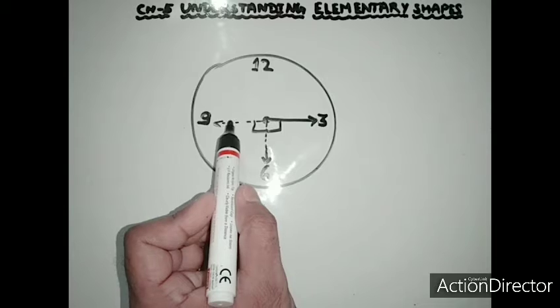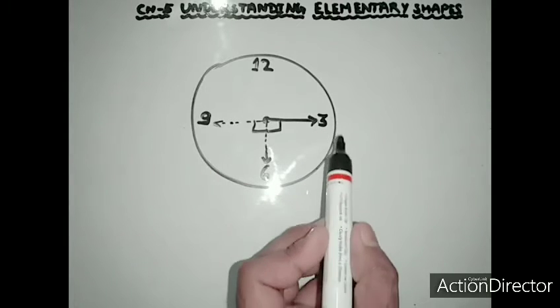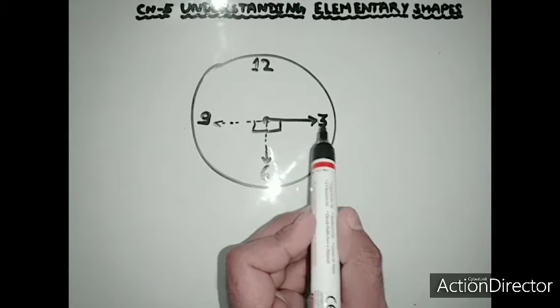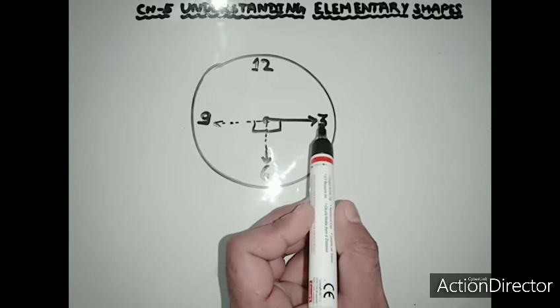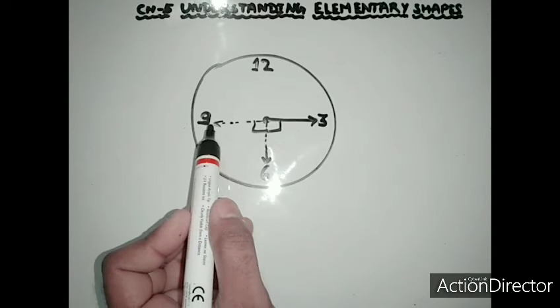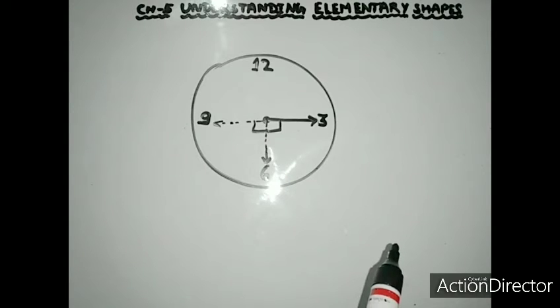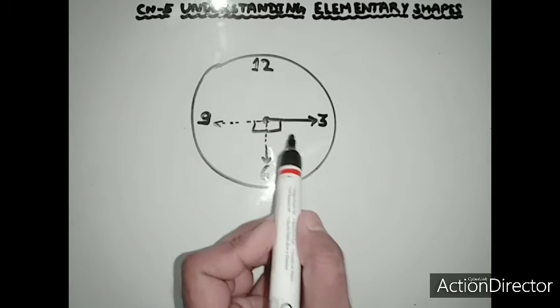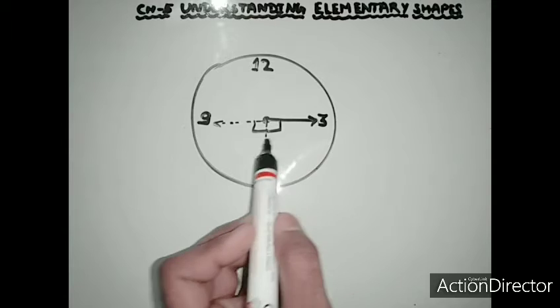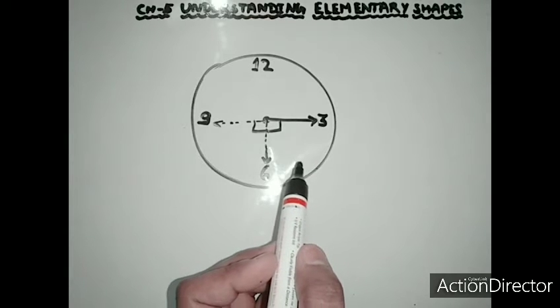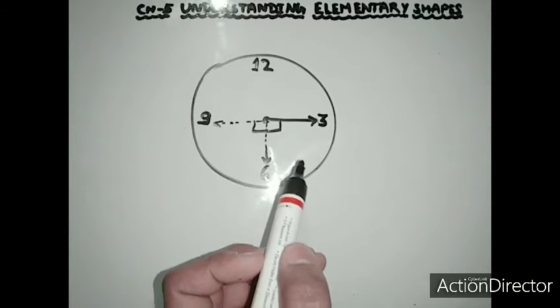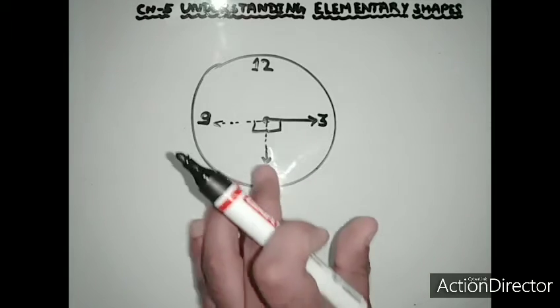So the degree of an angle formed by this minute hand when it moves 3 to 9 is 180-degree angle, right? And you can also add these two angles, 90 plus 90 is equal to 180, right? Now here we take another example.